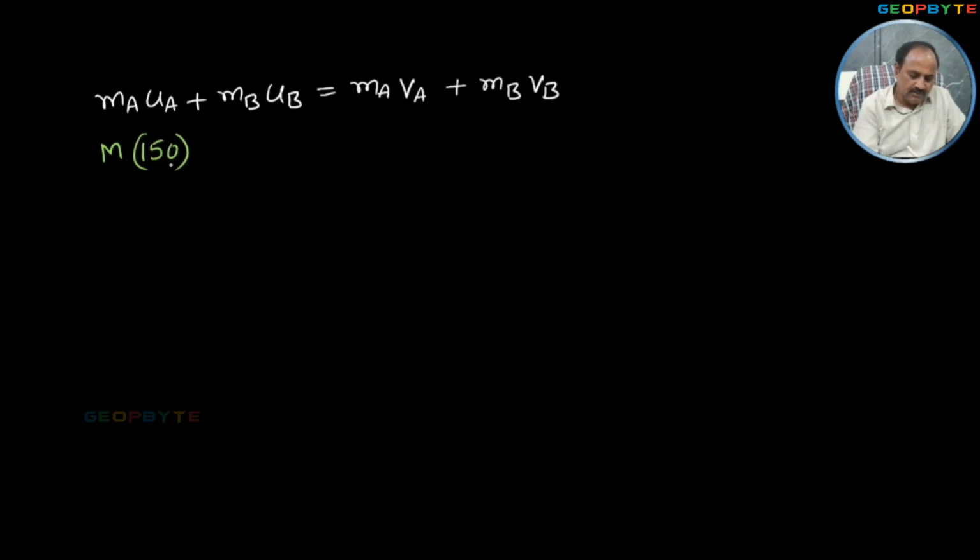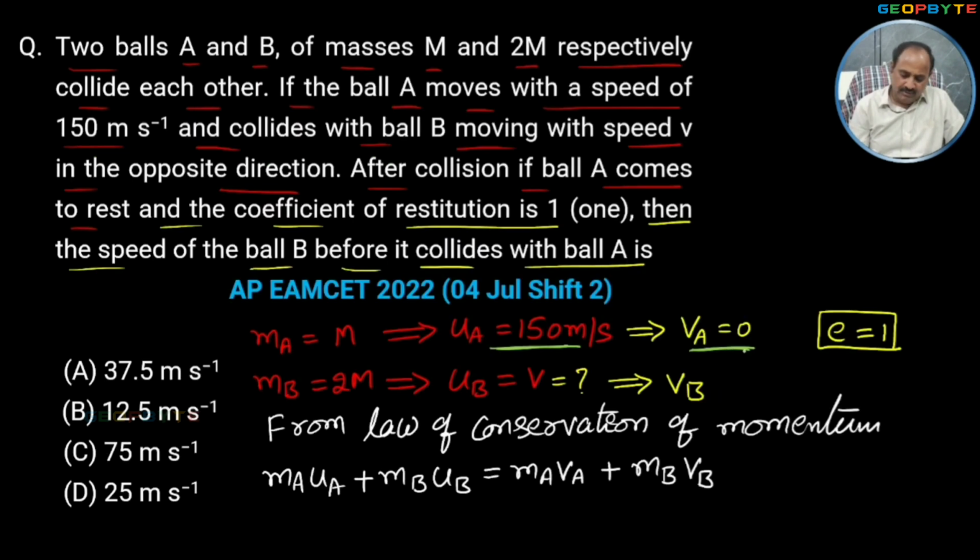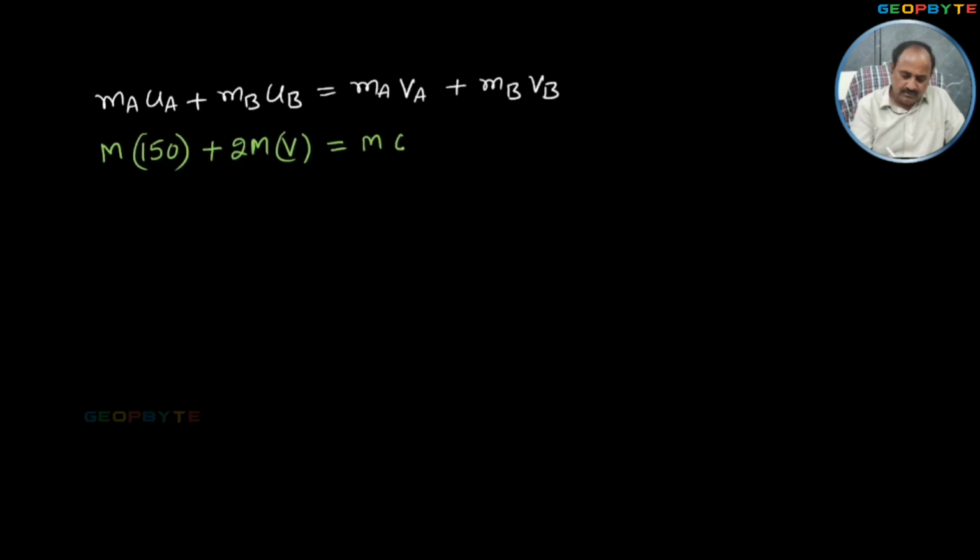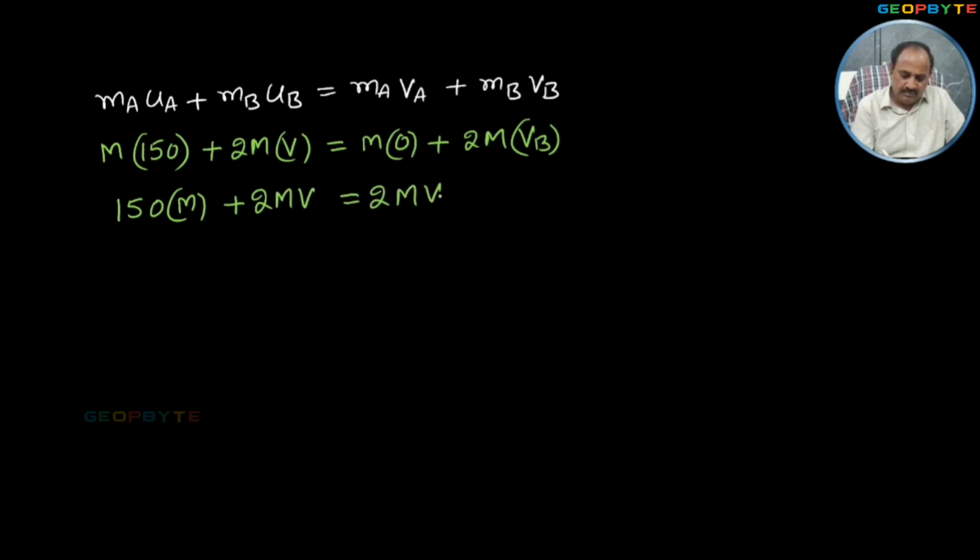Mb is given as 2M, and Ub is given as V. Va is given as 0, so M times 0 plus 2M into Vb. So here it is 150 into capital M plus 2 into capital M into V equals 2 into capital M into Vb.